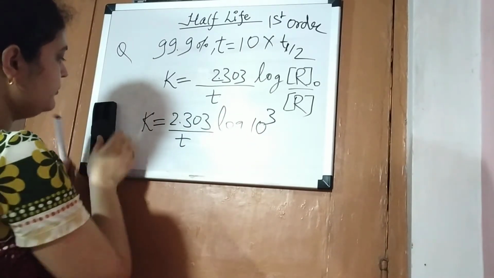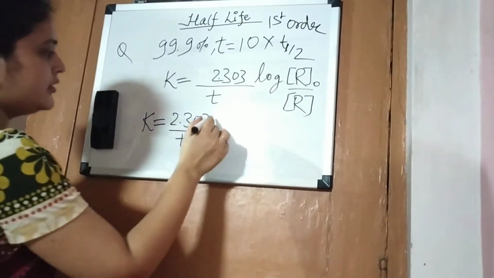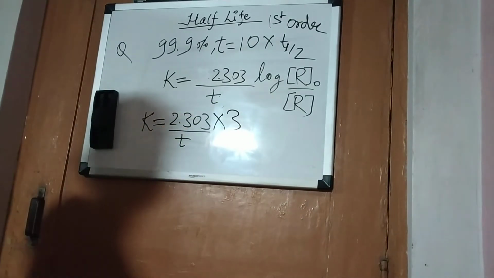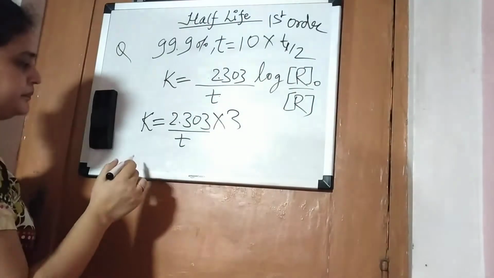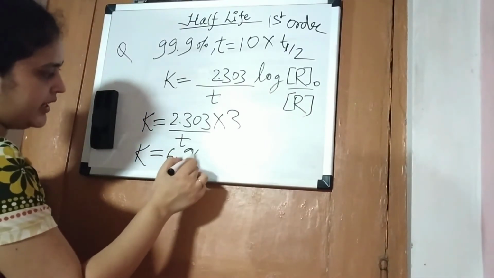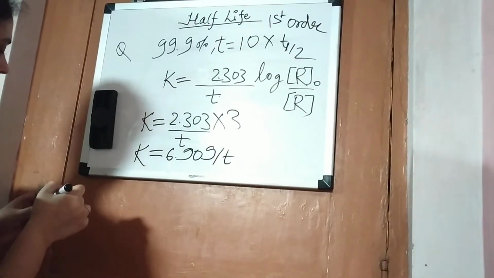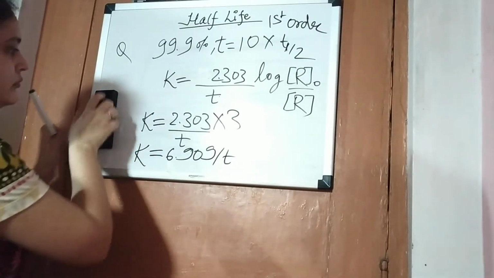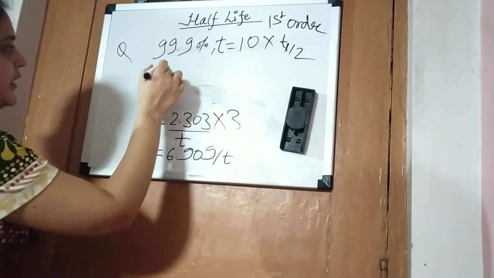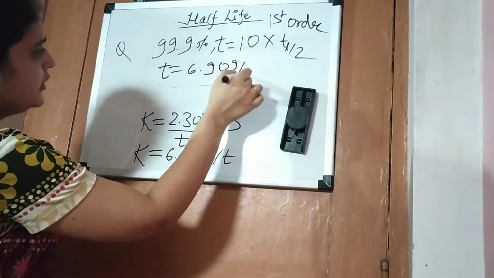So 2.303 into 3 upon t, and it will come out to be k is equals to 6.909 upon t, or t is equals to 6.909 upon k.